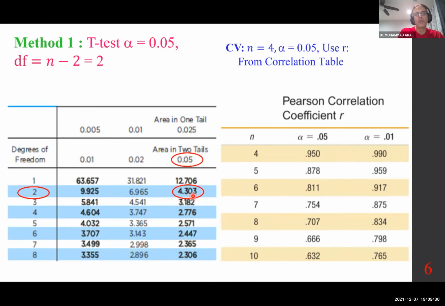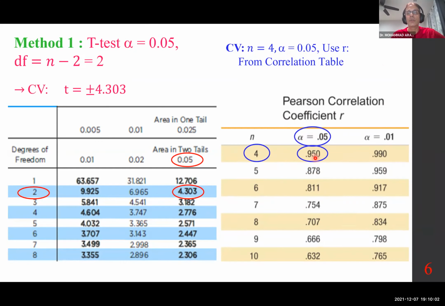When you put the two together, you end up with this number because you know it's a two-tailed test: plus minus 4.303. As for the Pearson correlation table, n is 4, alpha is 0.05. It's important to know that you're dealing with alpha 0.05 because otherwise it makes a difference. So put the two together and you see 0.950 because it's a two-tailed test, plus minus. Again, I'm showing you in case you're using the table, how you come up with the answer.